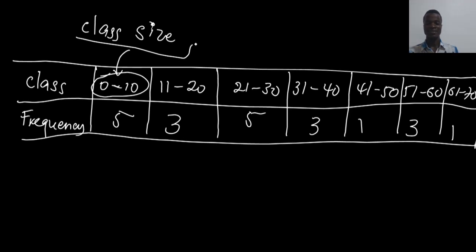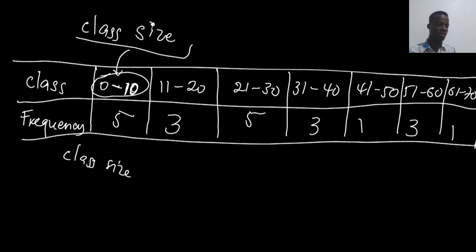To get the class size, what you have to do is find the difference between the upper limit and the lower limit. In this case, it's going to be 10 minus 0.